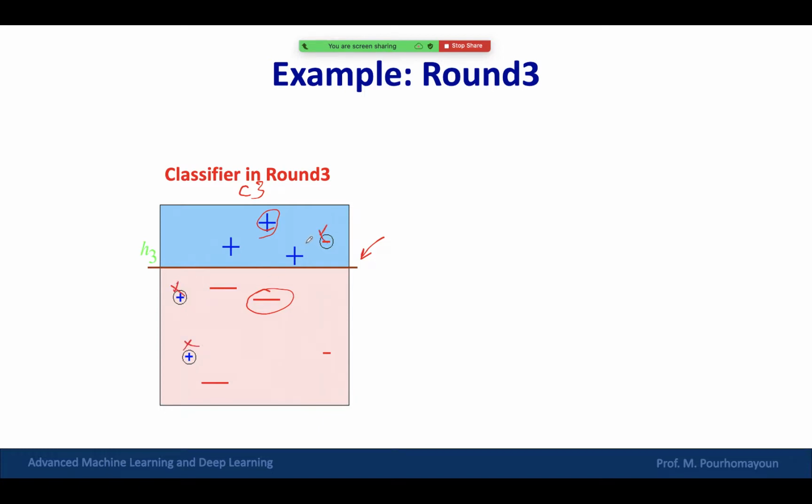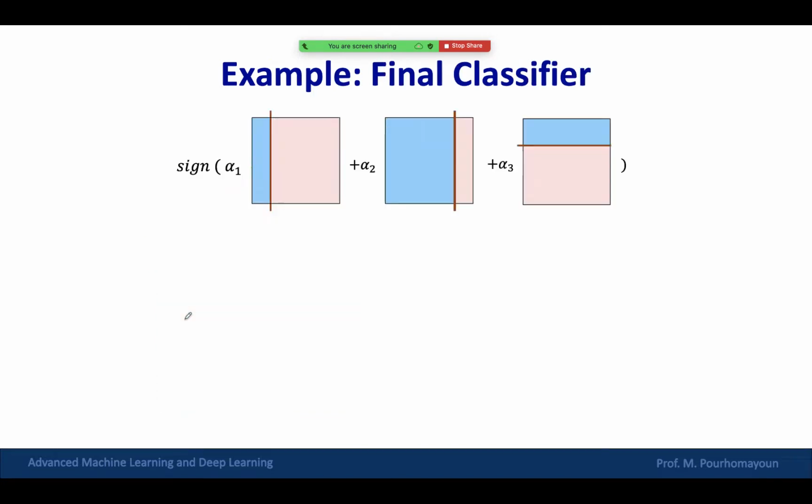So now I have three classifiers, each of which learned to make correct predictions for some of the samples that were problematic in previous rounds. But samples like this one, which were classified correctly in the previous two rounds, we are not worried about in this round anymore, because we will eventually take votes.